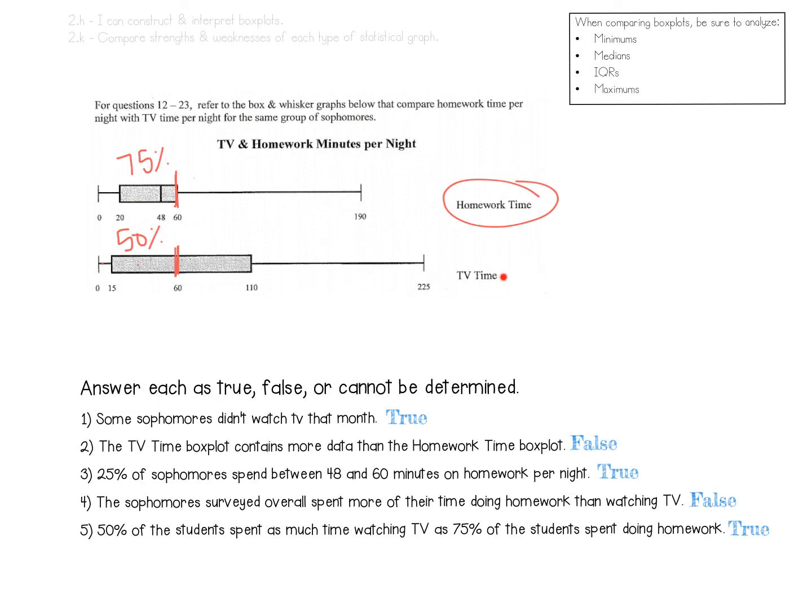So TV time had a higher maximum. It also had a higher median. And then the IQR. So it is a wider IQR than this one, because it's 110 minus 15 versus 60 minus 20, that IQR. And also this point that we got at before, that 50% of the students spent as much time as 75% of the students did doing their homework. So I was able to say false to that.